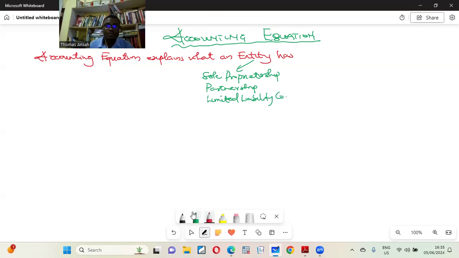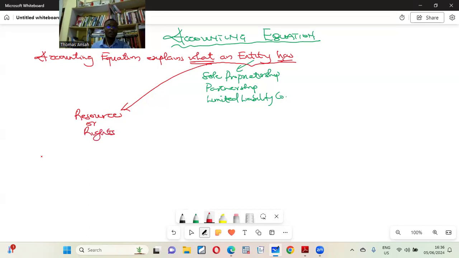So it explains what the entity has. What an entity has is what we call the resources or the rights.